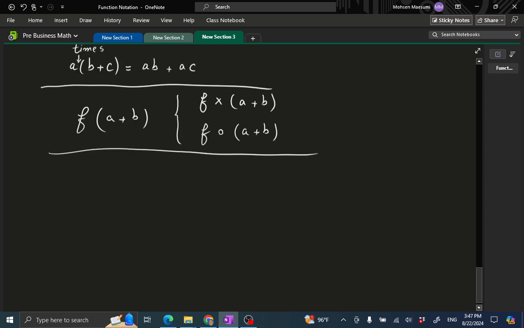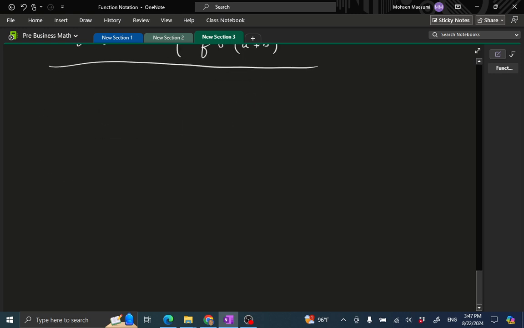Let's go ahead and practice some other examples. So suppose, let's use another set of letters. So suppose I say M is h of q, and that is q plus q squared.